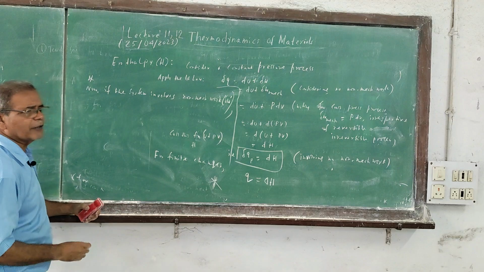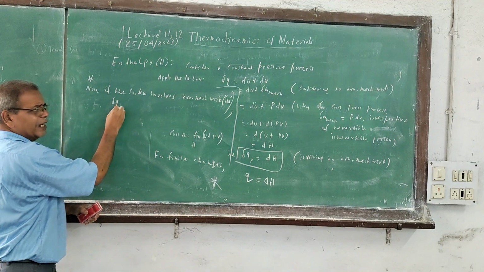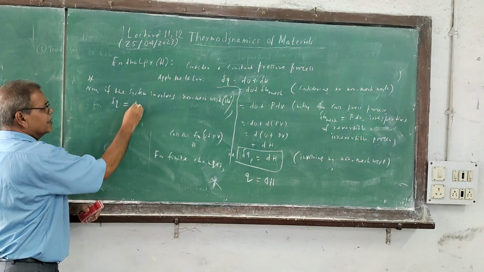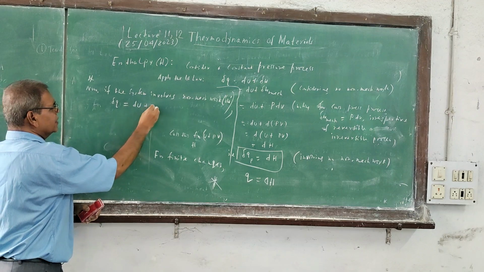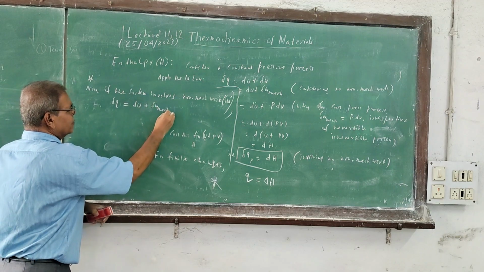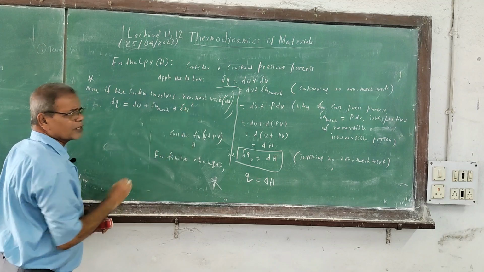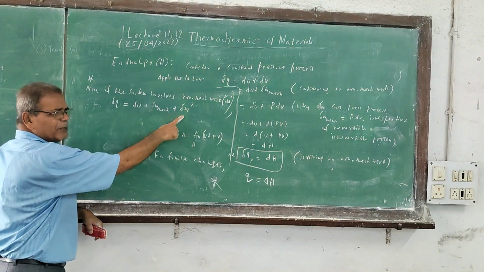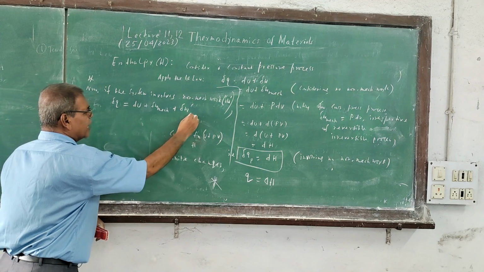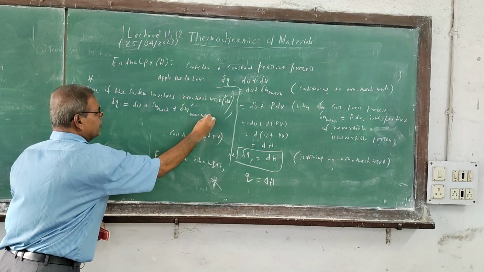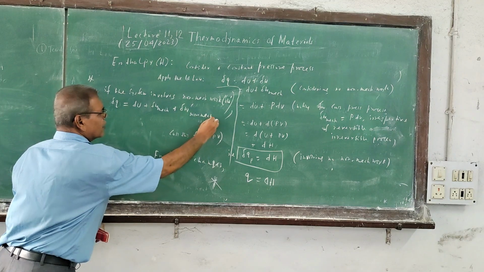If the system involves non-mechanical work, how do you write? Tell me again, repeat. dQ is dU plus dW mechanical, plus, first law. This prime is non-mechanical, okay? It is non-mechanical. I will not write it all the time. I give prime to mean non-mechanical.